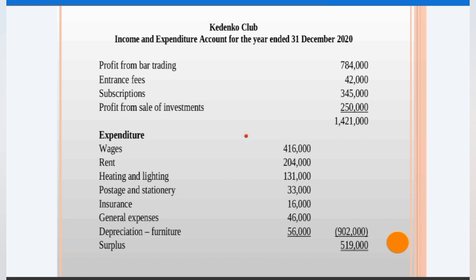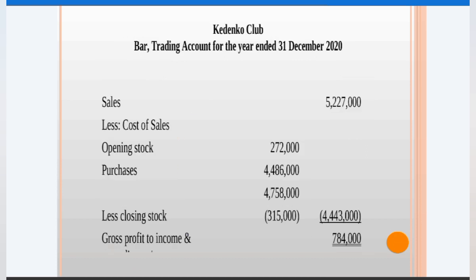Let's proceed from where we were before the disconnection. So we had said that after we prepare the trading part of the business, then the next thing is for us to prepare the income and expenditure account.